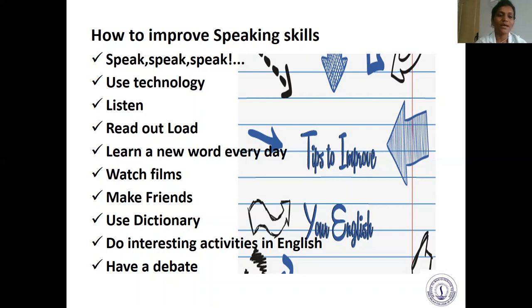So listen, be an active listener, and listen to native speakers. At first you will find it hard to understand, but when you keep listening to them, you will become very familiar with their accent, you will get to know how they pronounce a word, and you will learn new words, and you can improve your vocabulary also. So this is very important to improve your language skills.